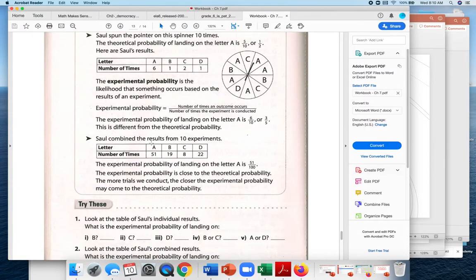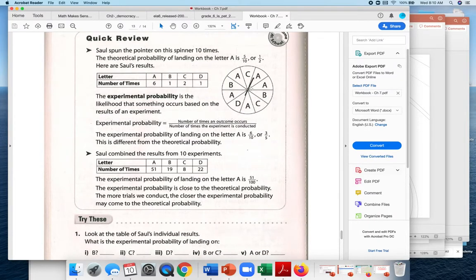Now what Saul did is he combined the results of 10 experiments. He did this 10 times, and then there were 9 friends whose results he combined. So this is the cumulative, the combined results.